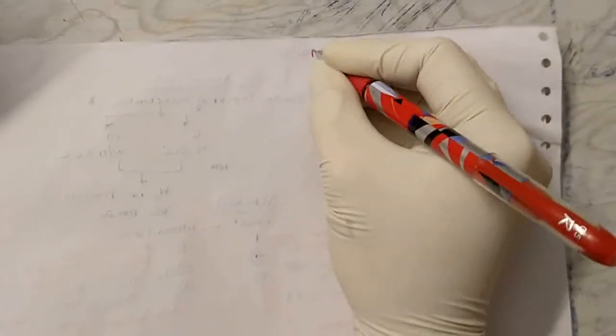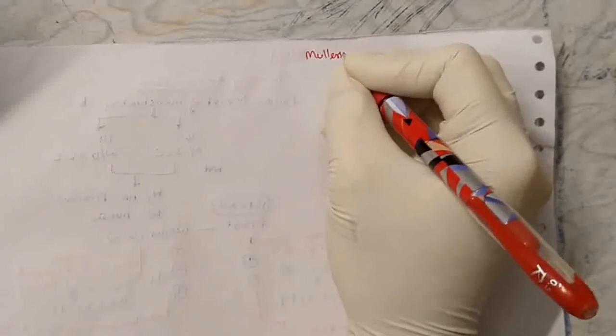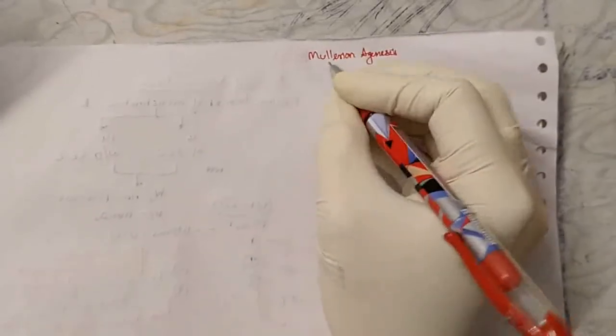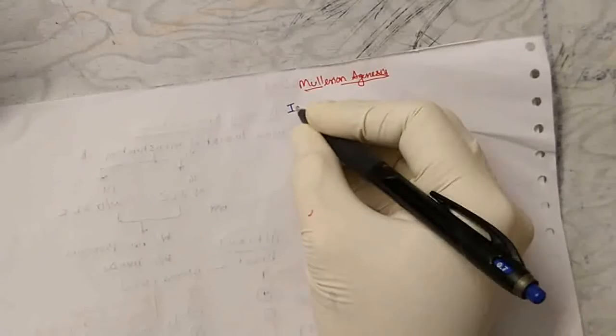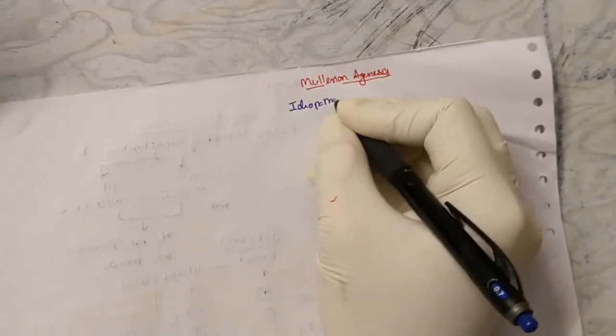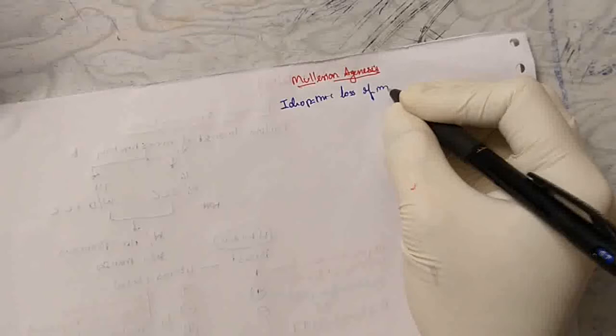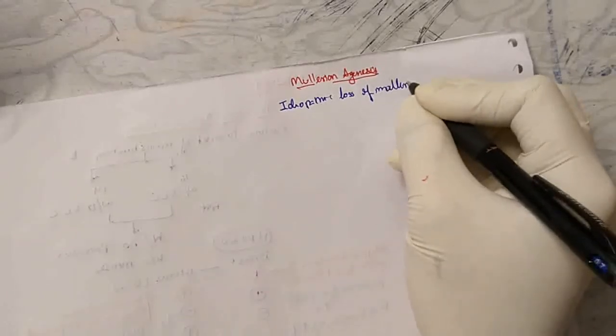What is Mullerian agenesis? It is idiopathic loss of Mullerian ducts.